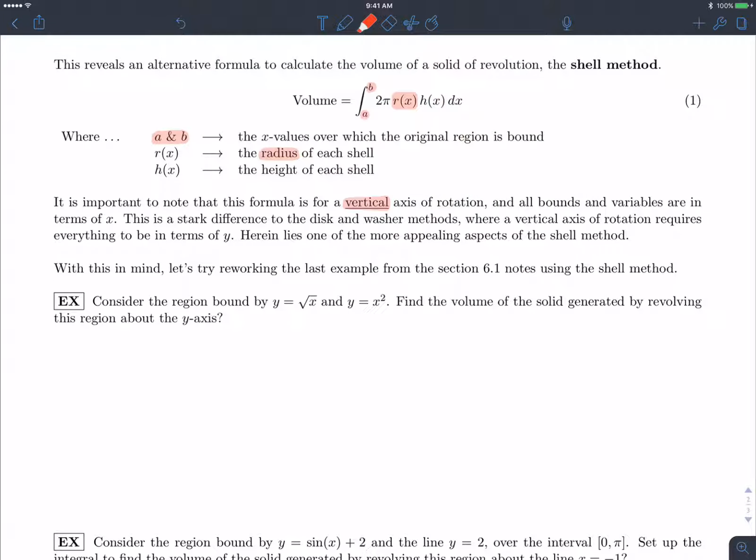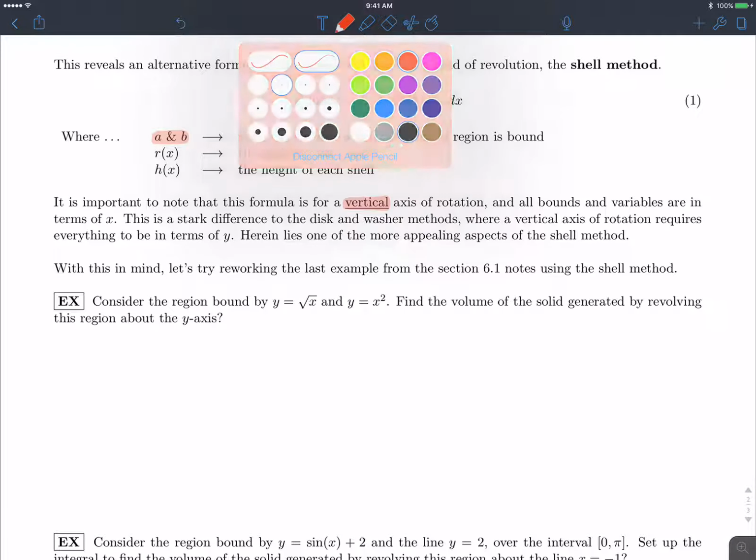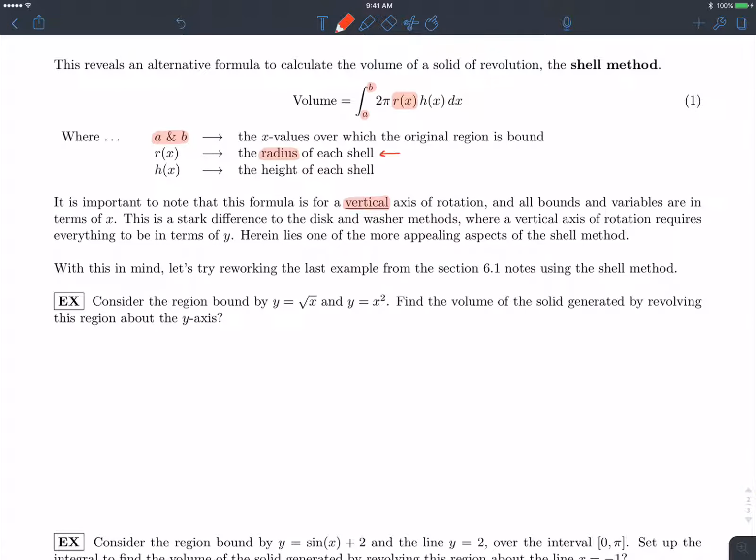I think we wrote this out in the last page, but it's probably worth writing again. The radius we define as the distance from the axis of rotation to some cross section on our region.